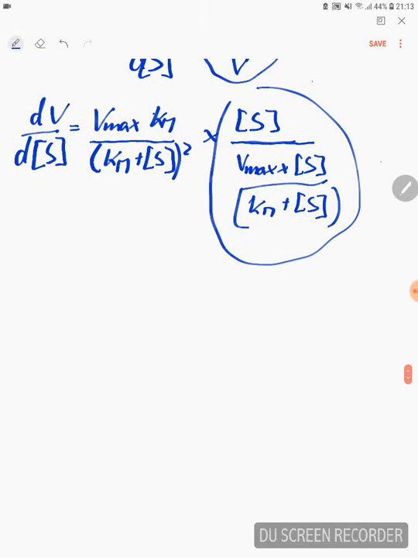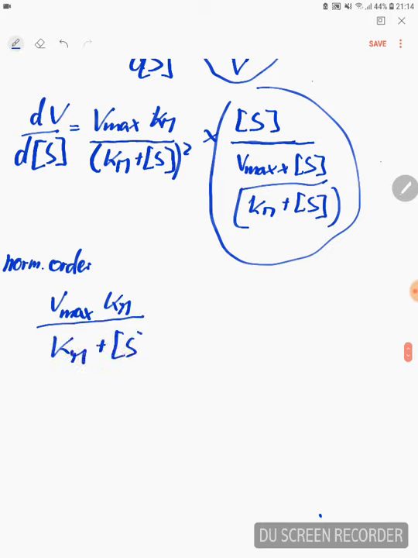Now we can start to group these things, and for the normalized order we get Vmax Km over Km plus S squared.